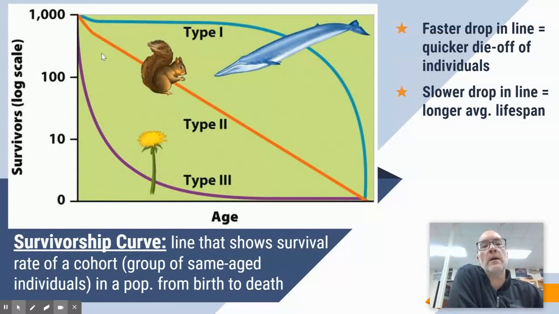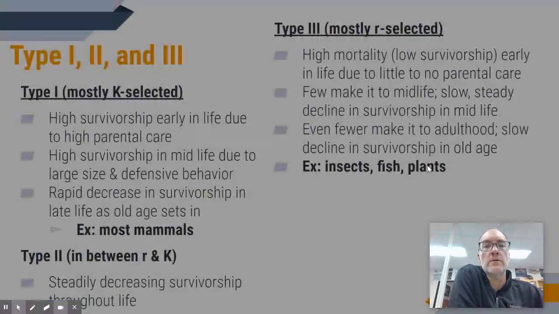The faster the line drops, the quicker the die-off for those individuals. And if the line is slow to drop, then obviously they're going to have a longer lifespan. So this is a typical graph that you're going to see.